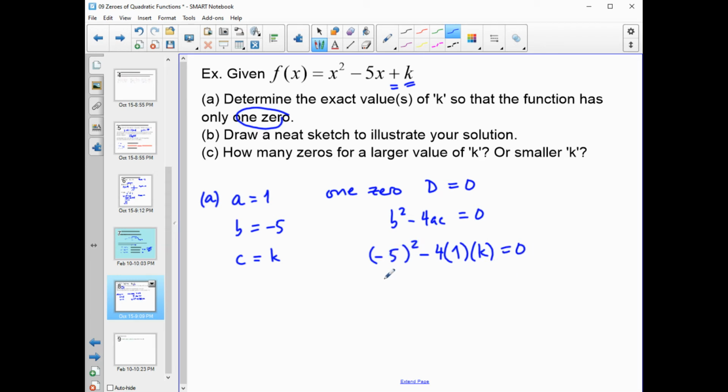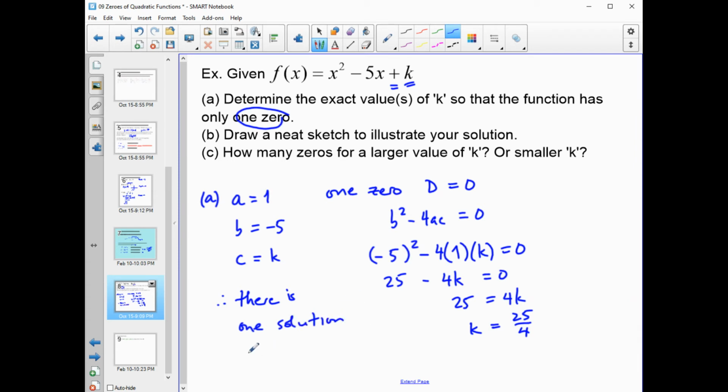Negative 5 all squared is 25, minus 4k equals 0. 25 equals 4k, and divide both sides by 4. I end up with k equals 25 over 4. So therefore, there is one solution when k is 25 over 4.